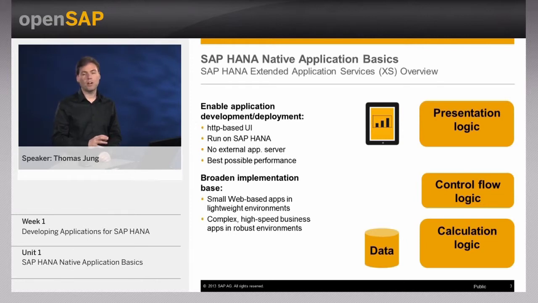This application server is named SAP HANA Extended Application Services, or sometimes you'll see it abbreviated as XS. XS standing for Extended Application Services. Now, the XS name actually has a double meaning. XS also means extra small, meaning that the application server layer is extra small. It is a lightweight application server.